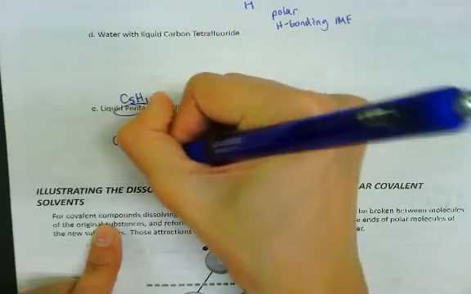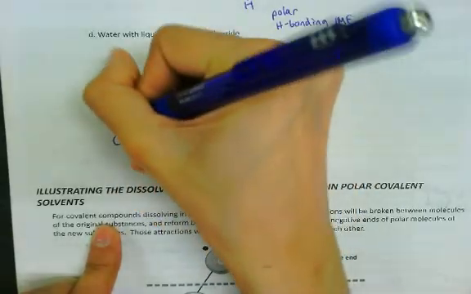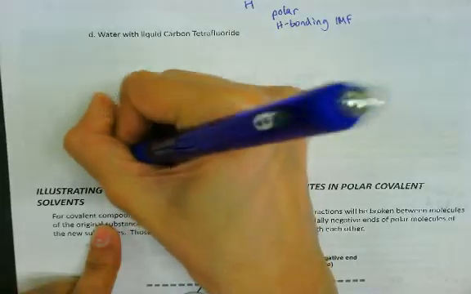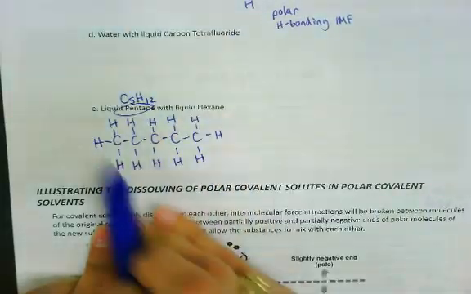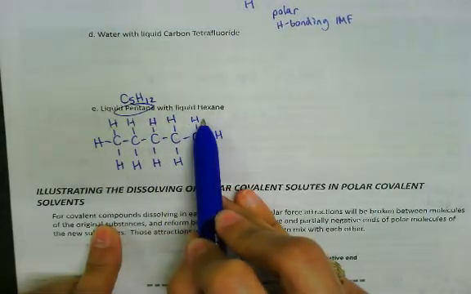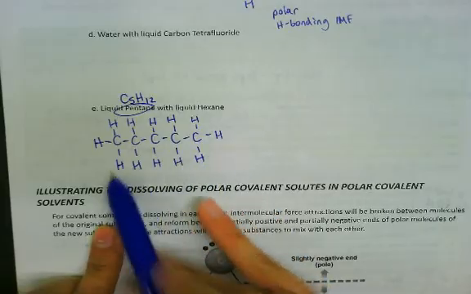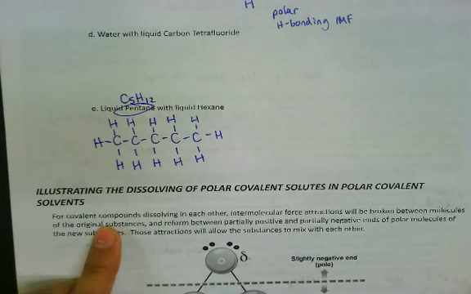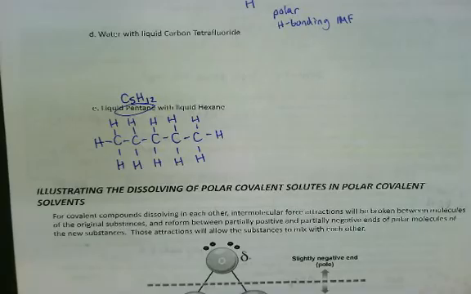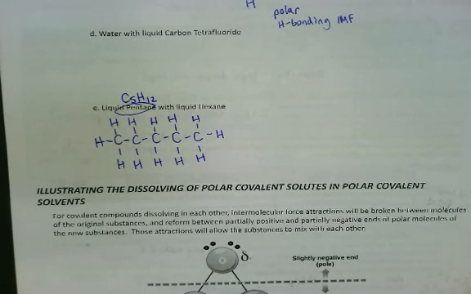You don't even have to count them. But if you did, you would see that there were 12. 1, 2, 3, 4, 5, 6, 7, 8, 9, 10, 11, 12. There's 12 hydrogen. So it's a lot of C's and H's. But that is how you would draw something like pentane.